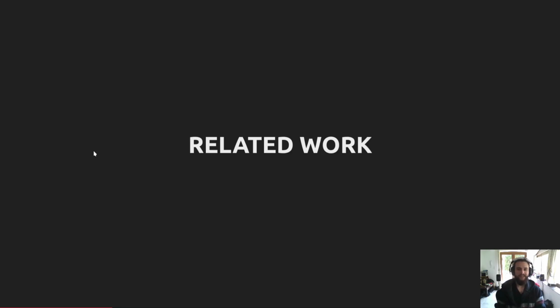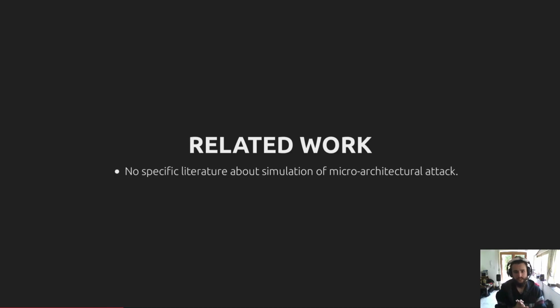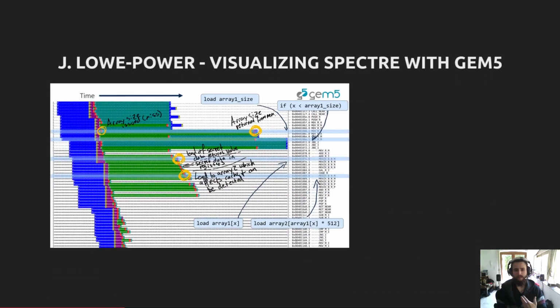So, about the related work, as far as we know, there is no specific literature about the simulation of microarchitectural attacks in general, so there was no paper at all to base our work on. We found only one blog post by Jason Lowe-Power, who is a gem5 developer, which was able to visualize the Spectre attack on a gem5 system.